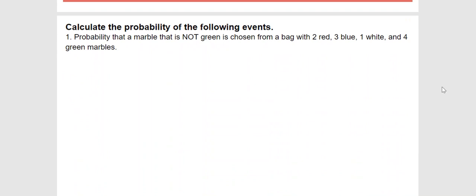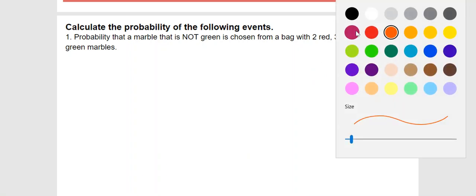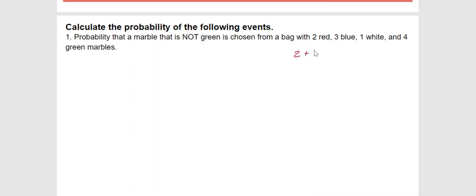Number 1, probability that a marble is not green chosen from this bag. And of course we need to know the total, 2 plus 3 plus 4 plus 1, 10, and so that would be a 6 out of 10 chance that it is not green. 2 plus 3 plus 1 would be 6.